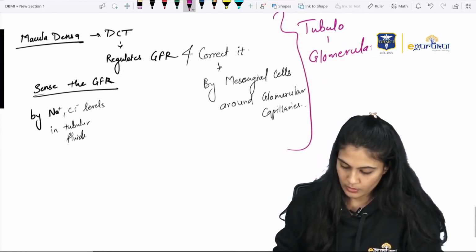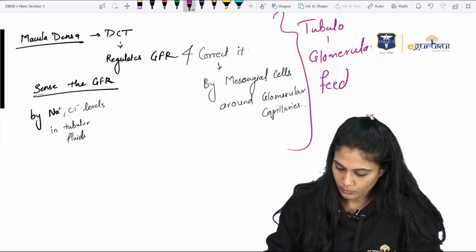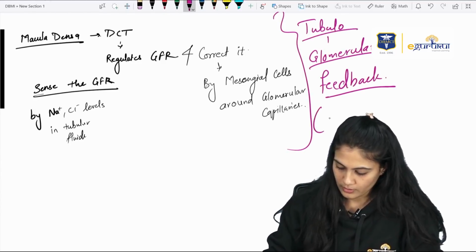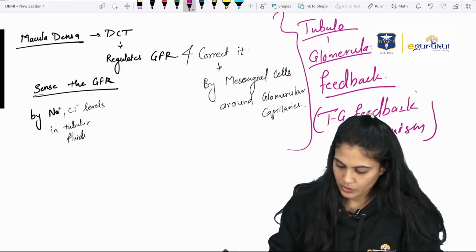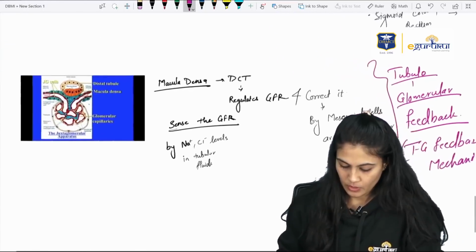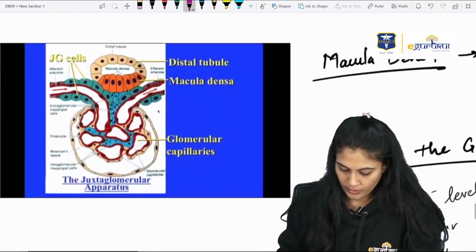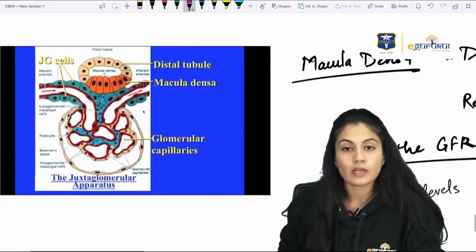This whole process is known as tubuloglomerular feedback, and in short it is also known as the TG feedback mechanism. So over here they ask about only the juxtaglomerular apparatus.